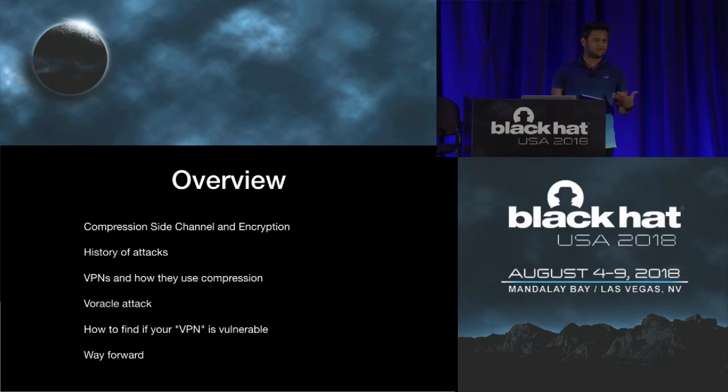The end goal today is that I'm going to take a VPN and leak secrets from it. It's a generic attack, but I'm going to show a specific demo on a very specific VPN called OpenVPN, which some of you might have heard of and which is popularly used. And obviously, I will also say what's the way forward and how to defend.